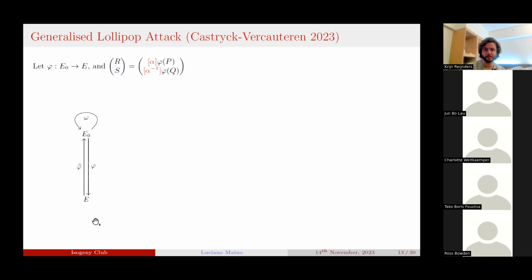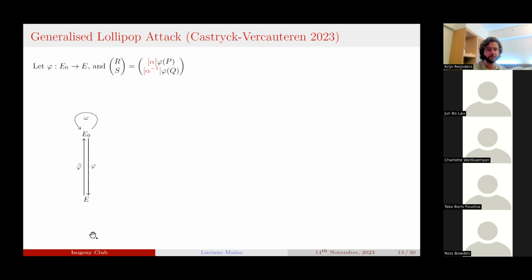In the lollipop attack, we basically look at an endomorphism on this curve E. The endomorphism is given by the composition of phi dual composed with a certain endomorphism omega, and then we compose it with phi again.